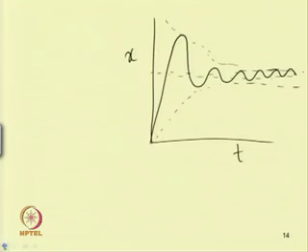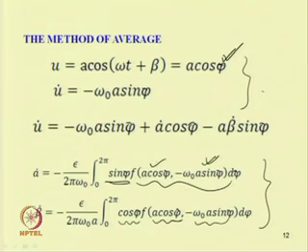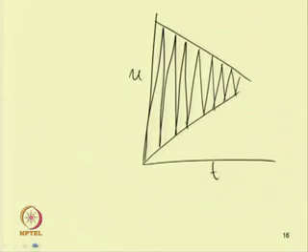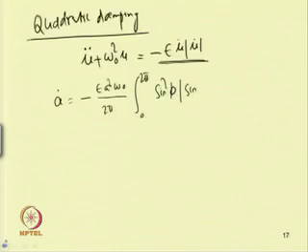So, for u dot one has to substitute minus omega 0 a sin phi. By substituting that, one can obtain sin phi into sin phi, so this becomes sin square phi, and for this u dot one has this mod u dot, into d phi.